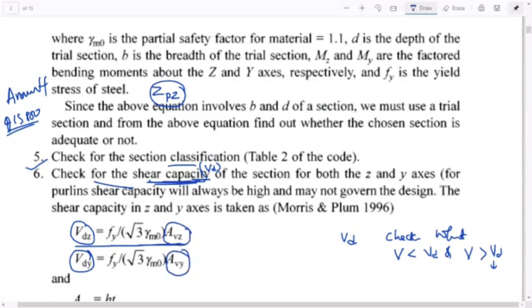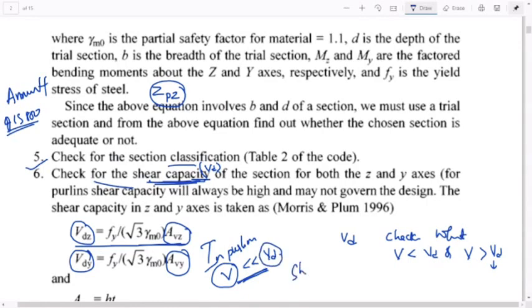But the important thing here is, in purlins, V is going to be very, very much less than Vd. The shear force that is induced in the beam because of the external load is going to be very, very much smaller than the actual strength of the member.